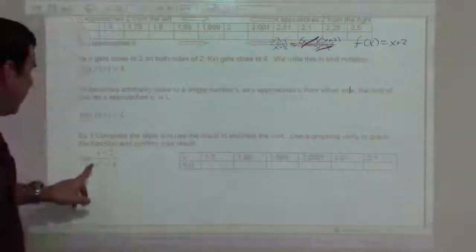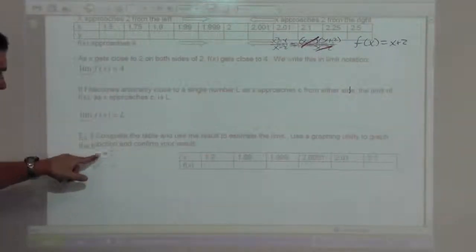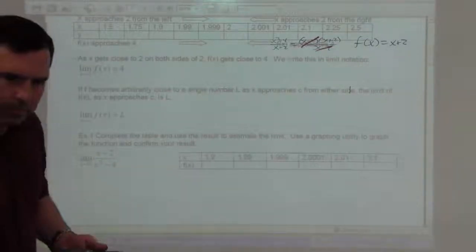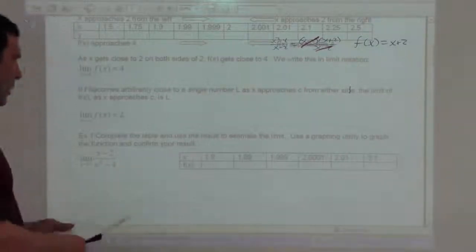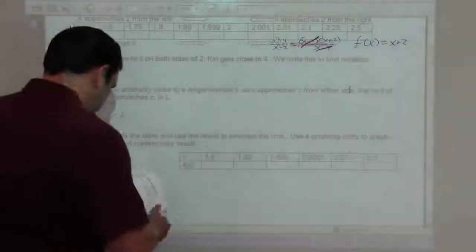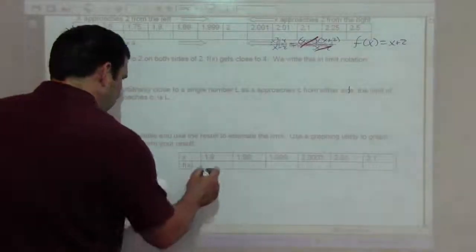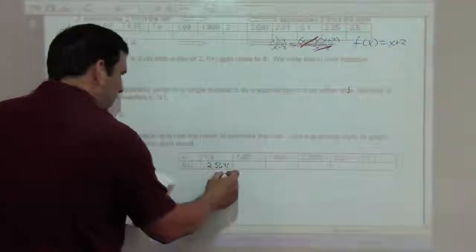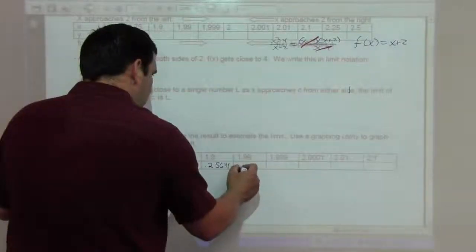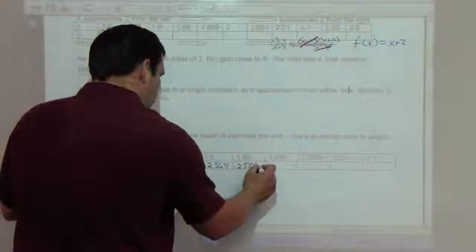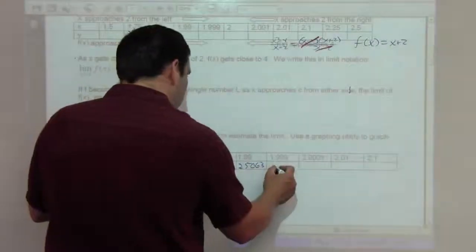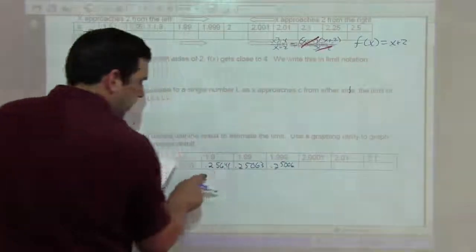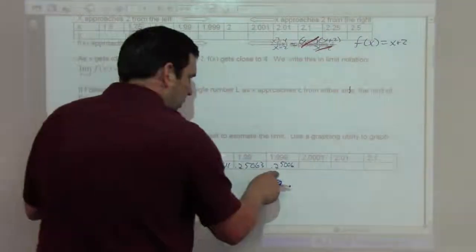We have the limit as x approaches 2 of (x minus 2) over (x squared minus 4). For 1.9 we have 0.25641, 1.99 gives 0.25063, 1.999 gives 0.25006. So from this direction they're going towards 0.25.